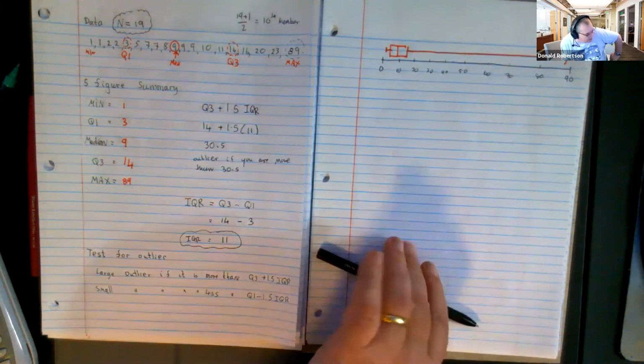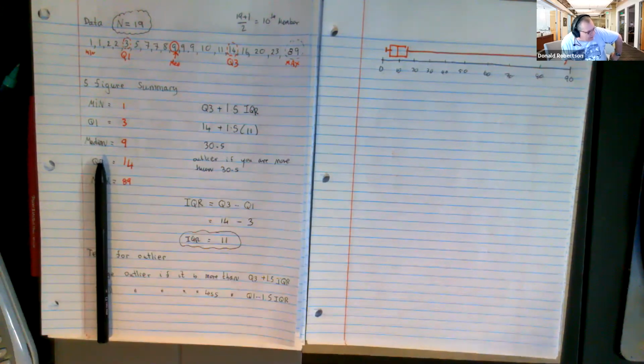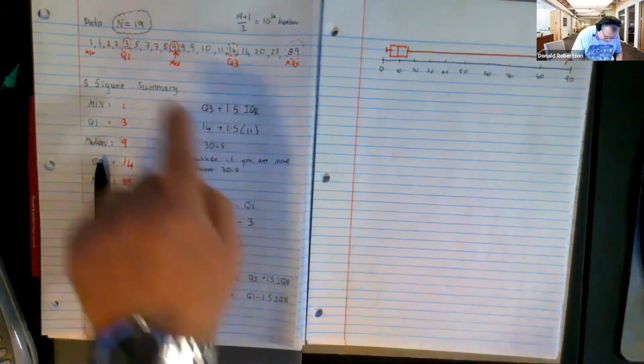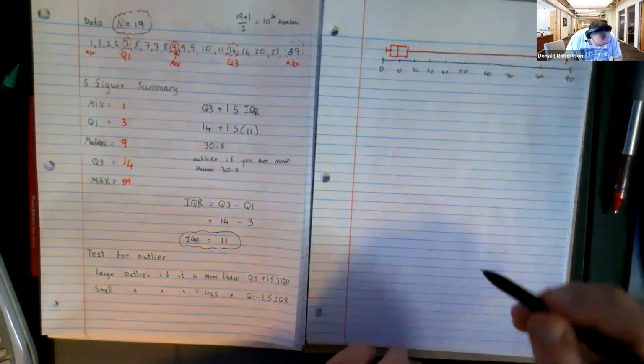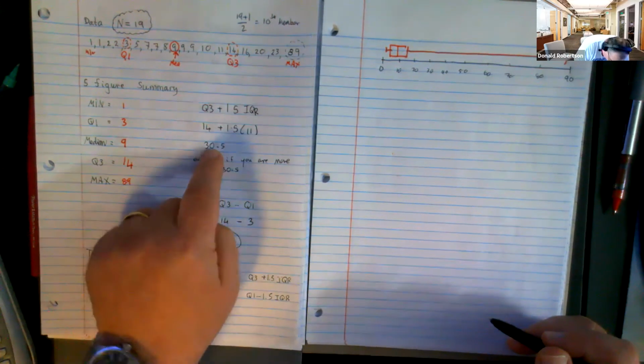Would you agree that visually that is not a very appealing diagram? You see that really is very, very distracting, and it's not really accurate. It's not really telling you what the data is like. So what do you do when you have identified an outlier, in this case 89?